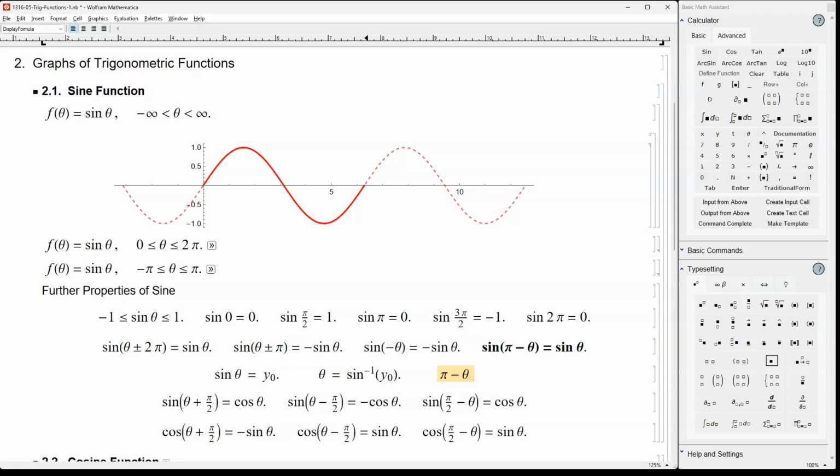Arcsine of y naught, okay. That's probably a better way. So, when we have sine of theta equal to something, we have inverse sine, and also pi minus of that. And where can we see this behavior?